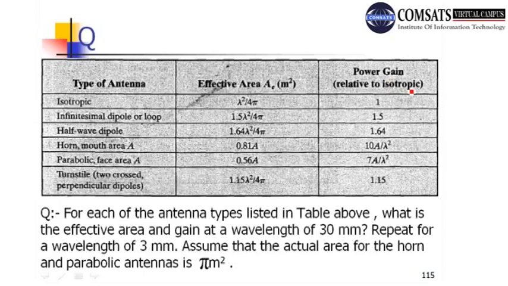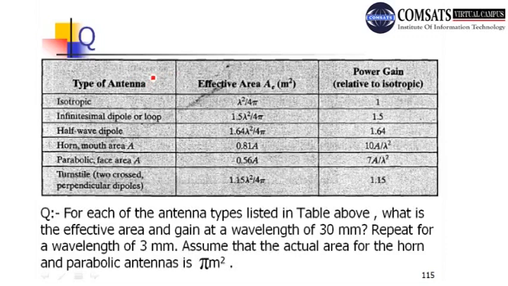For each of the antenna types listed in this table, what is the effective area and gain at a wavelength of 30 millimeter, and we have to repeat the same question for a wavelength of 3 millimeter, and we have to assume that the actual area for the horn and parabolic antennas is pi m square.